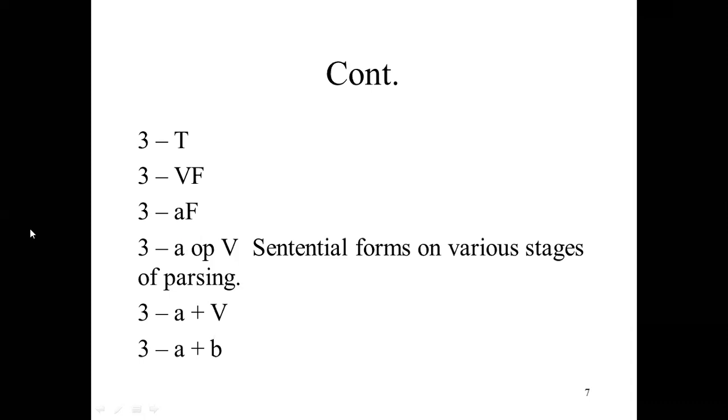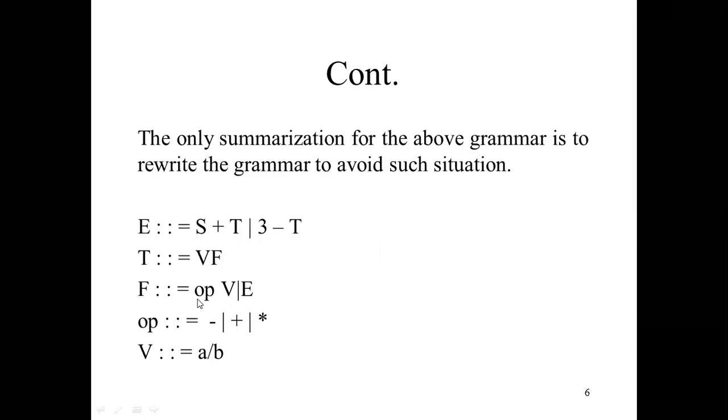F is, you can choose from here, OPV or E. Then we will choose OPV, we will not choose E, because we do not want to return back, because we are already on the right path. 3 minus A plus B, we are already on the right path. So we will never choose this E, because we do not want to return back to S plus T. So we will choose the value of F as OPV.